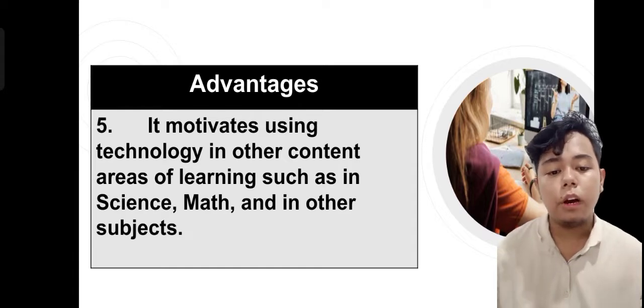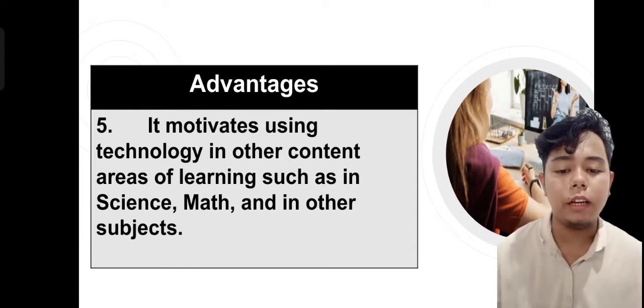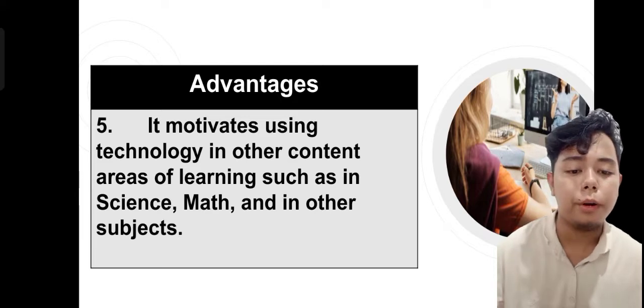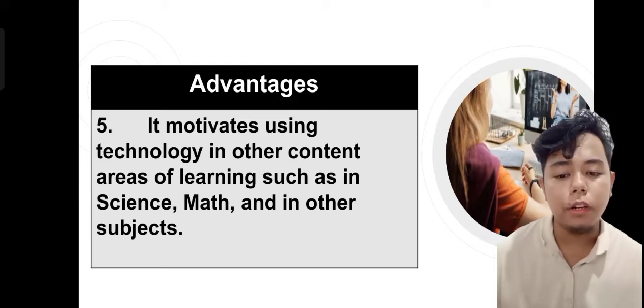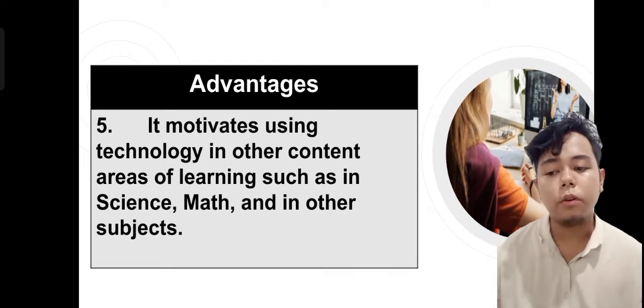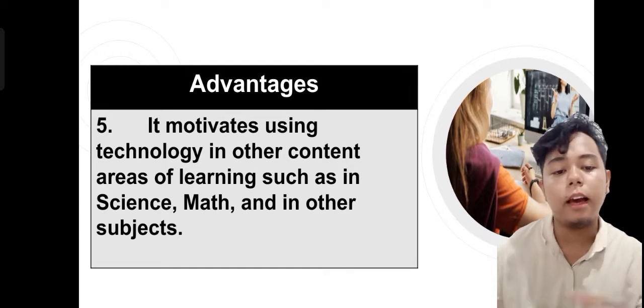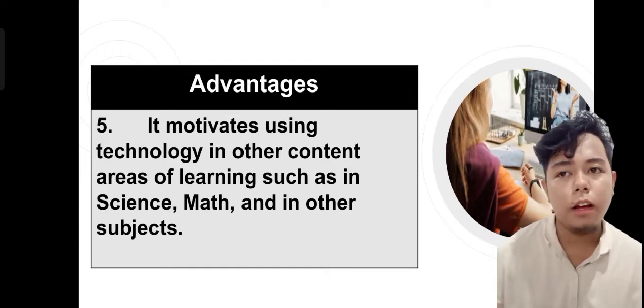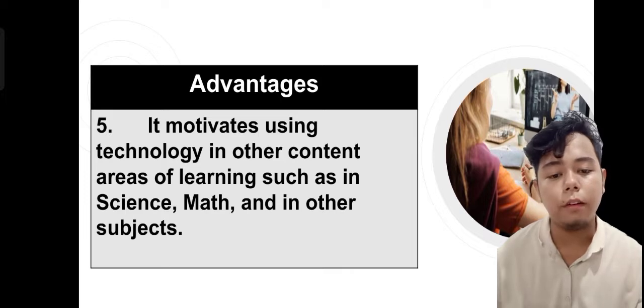So when we are in online learning, we are encouraged to be more responsible in searching on our own or creating our own perception. So you research, for example formulas and solving problems.